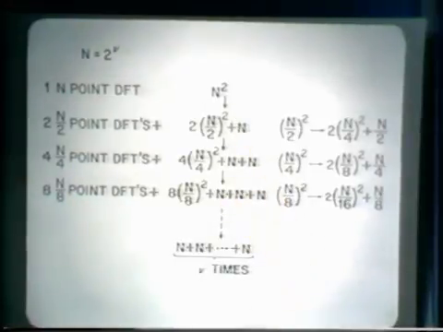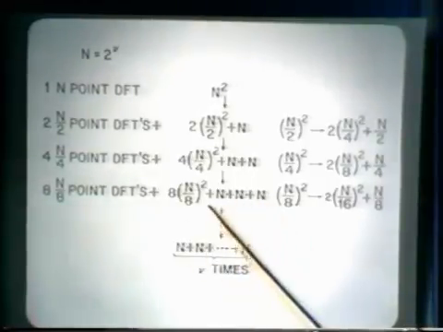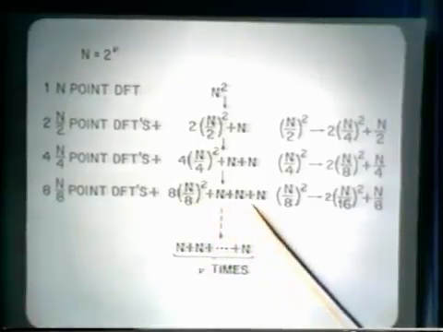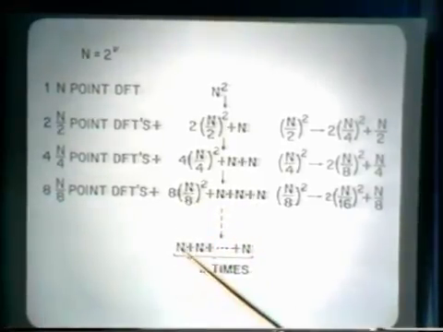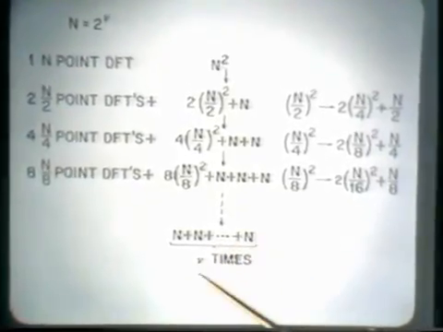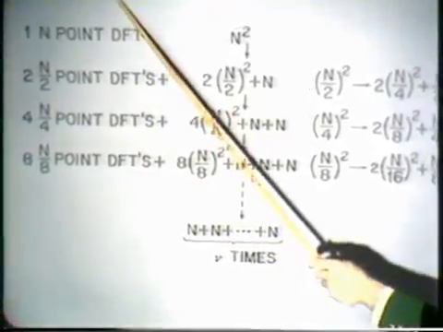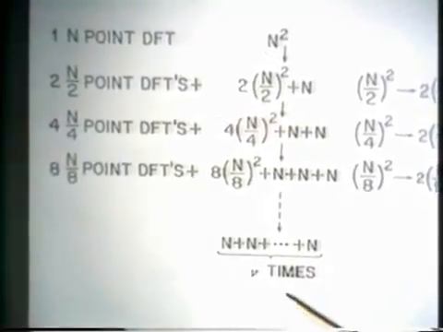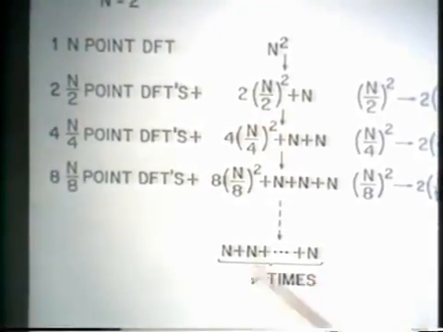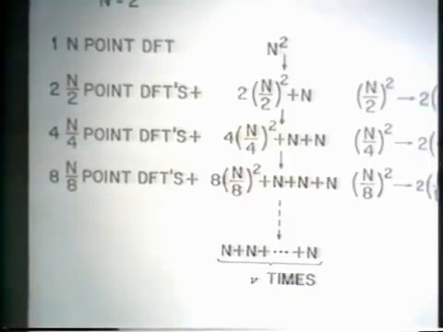Well, if you track this through, what you find is that for N equal to a power of 2, in fact, the computation then comes out proportional to N plus N times nu, where nu is log to the base 2 of N. And so the number of complex multiplies and adds involved in implementing the discrete Fourier transform using the fast Fourier transform algorithm is proportional to N times nu rather than proportional to N squared, a rather dramatic savings.